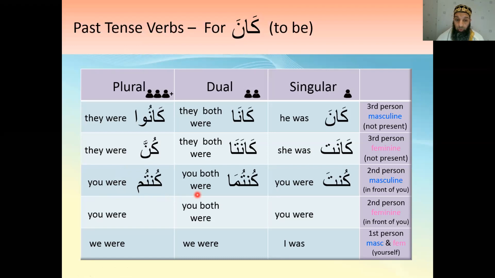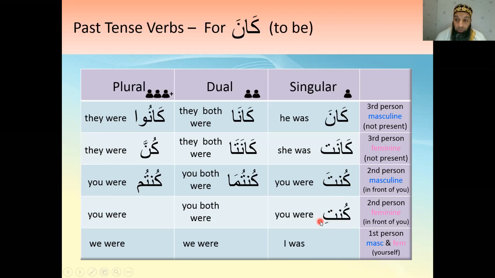So someone might say, Kuntum kafirin, you all were disbelievers, talking to those people who became Muslim. Kuntum zalimin, you all were baddies, oppressors. So, kuntum, next one. This should be easier now. You've got the formula. Kunti, yeah.